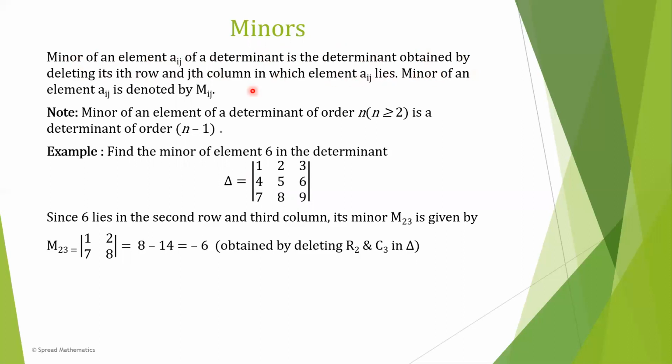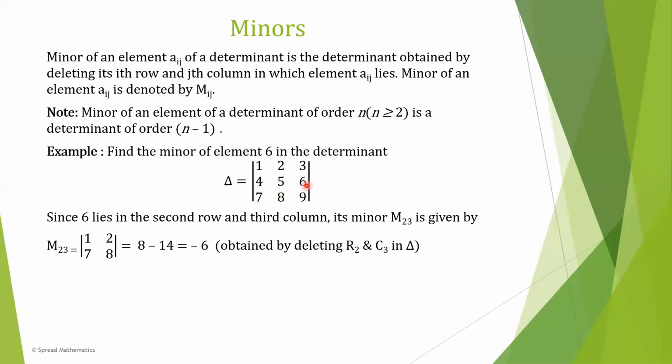The minor of an element aij is denoted by capital Mij. You should remember here that the minor of an element of a determinant of order n is a determinant of order n minus 1.